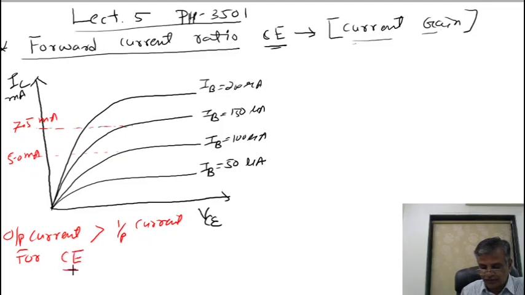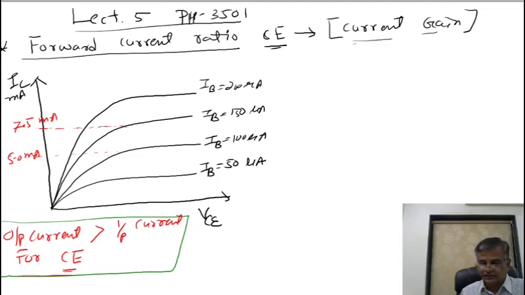For common emitter configuration. This indicates that this configuration provides you gain in current. Output is more than the input current. So this configuration provides current gain.